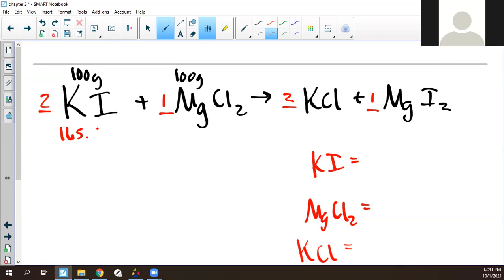Point what? How about MgCl2? Then the first thing. Then the thing with the 2 is limiting.